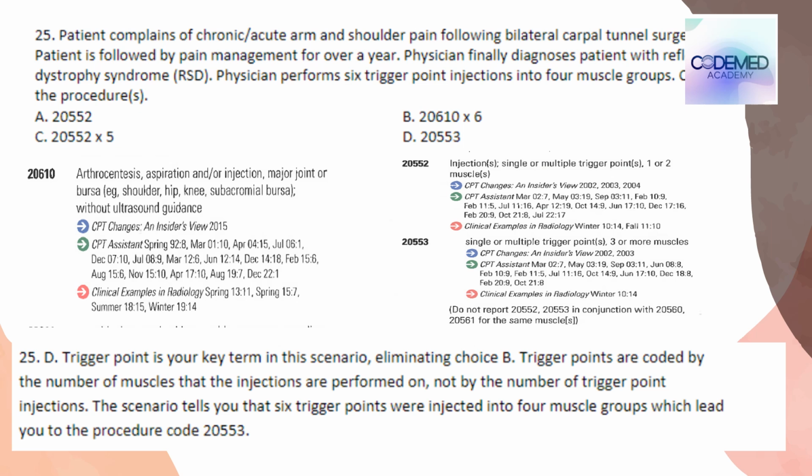We know our drill: whenever a trigger point injection is given, we do not count how many injections, we count the number of muscles, and here the number of muscles is 4. So our answer will be 20553, because the code talks about single or multiple trigger point injections, three or more muscles. Our muscles are 4, so we will zero in on 20553.